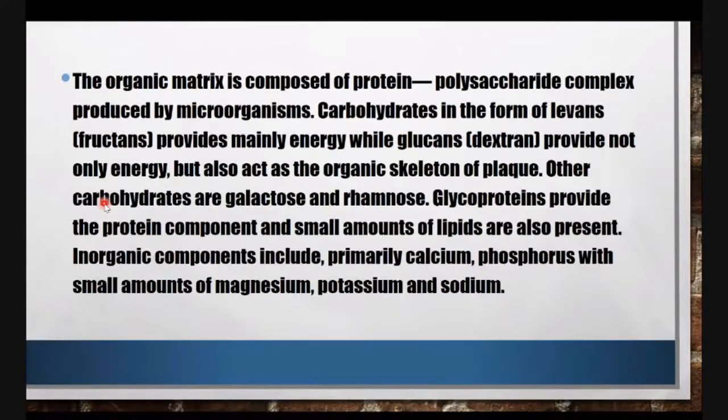We also have glucans like dextran, which provide not only energy but also an organic skeleton for the plaque. Other carbohydrates like galactose or rhamnose, and glycoproteins, provide the protein component, and a small amount of lipid is present. Inorganic components include calcium, phosphate, and small amounts of magnesium, potassium, and sodium. These are the same contents found in saliva, which is derived from the circulation: calcium, magnesium, phosphate, potassium, sodium. These are the basic contents.